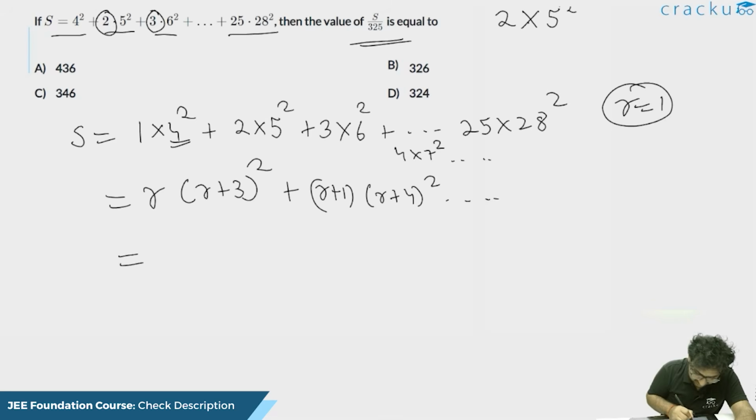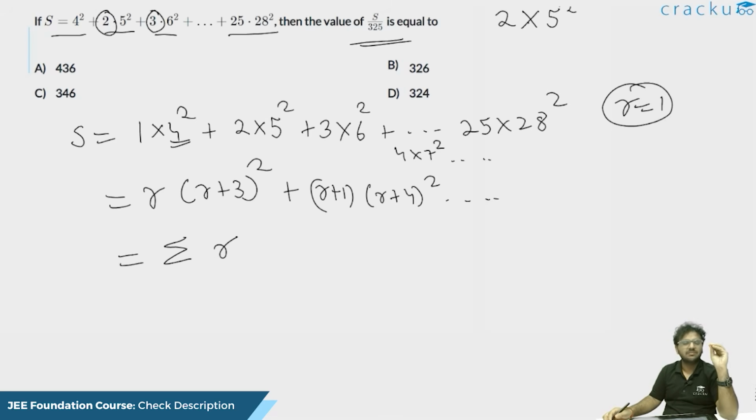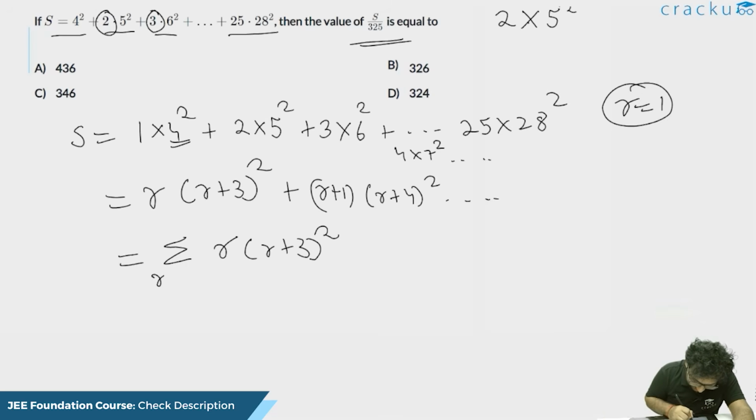So what is this? This is sigma r. See, don't be afraid of sigma. Sigma is nothing but summation, okay. R into r plus 3 whole square, where r goes from 1 till the last number. What is the last number? 25.